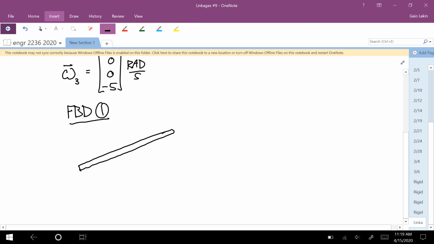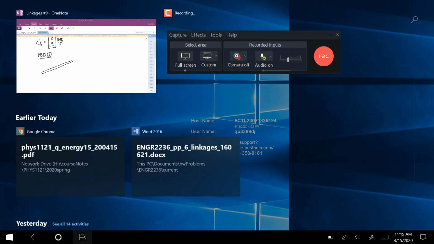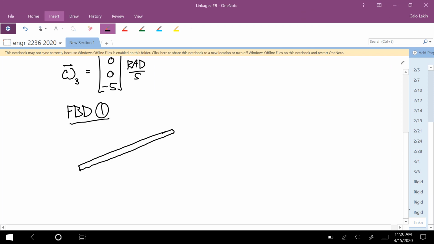And from the geometry, what do we know about this? Well, we know that the arctangent of 3/4 is the angle that this member makes with the horizontal. So the arctangent of 3/4 is 36.87 degrees, so that's this angle.